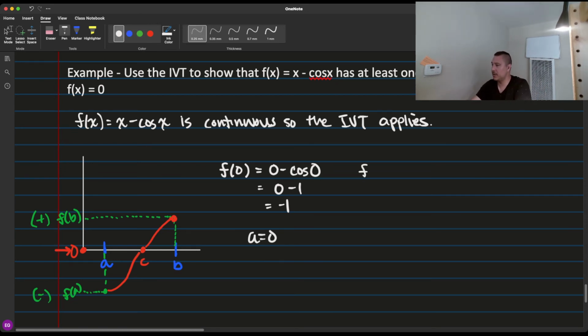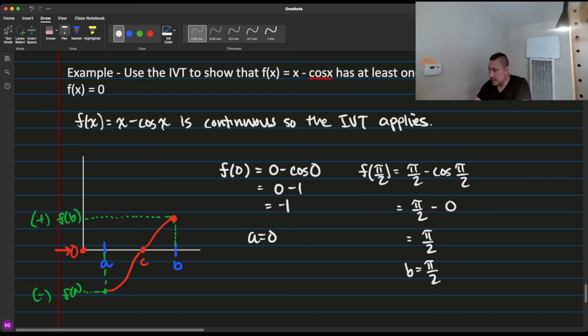Let's plug in pi over 2. So pi over 2 minus the cosine of pi over 2. Pi over 2 is just pi over 2, but what's the cosine of pi over 2? 0. So pi over 2 is positive. That's our b value. So our b value is going to be pi over 2.